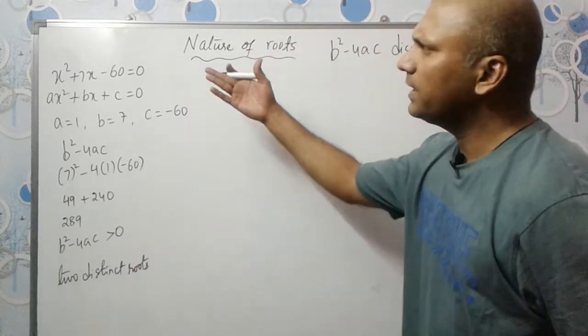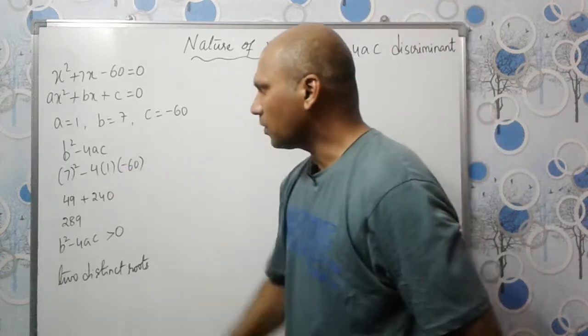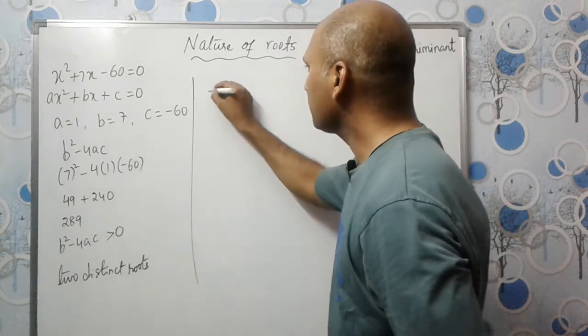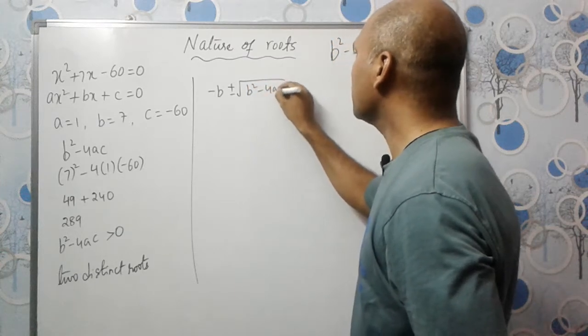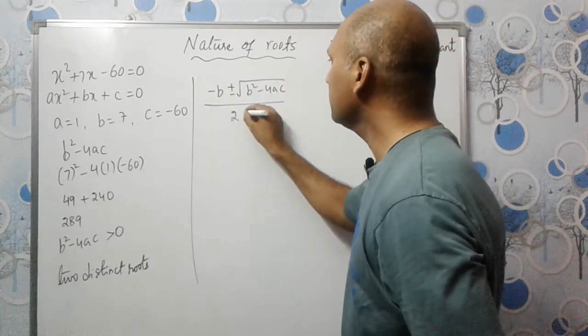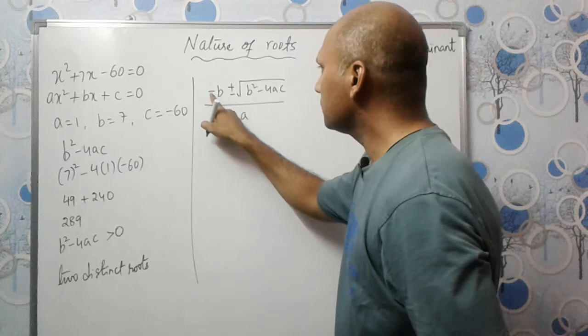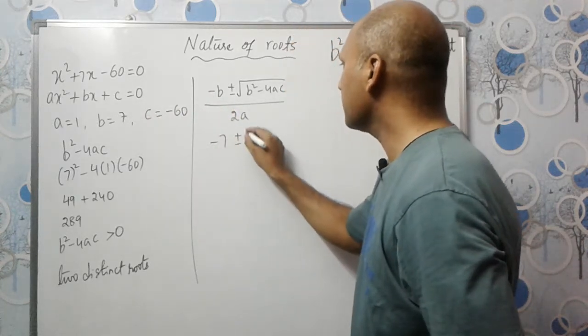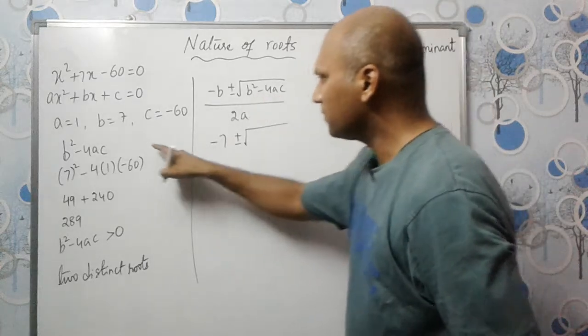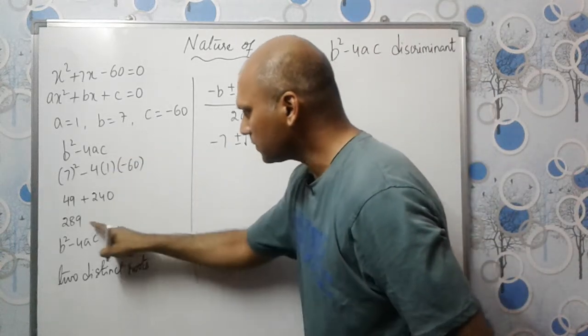Now let us go ahead and find those roots using quadratic formula. Okay, minus b plus minus root b square minus 4ac divided by 2a. So minus b is equal to minus 7 plus minus root b square minus 4ac I need not find again because we already did.